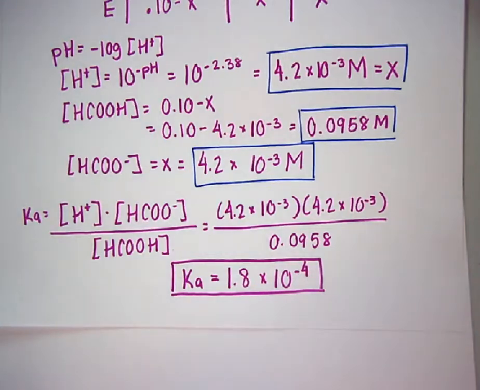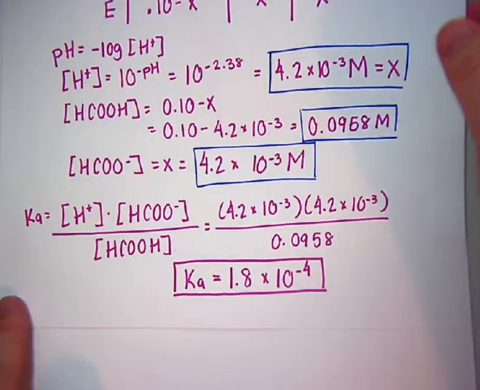Let's do another example, but for this one, instead of calculating Ka, you're going to calculate pH.